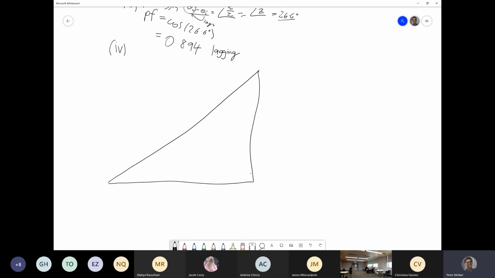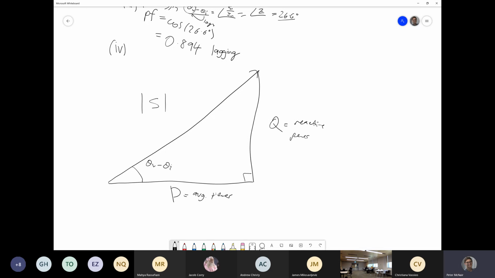The average power P. Perfect. This angle is theta V minus theta I. What's on the other side? Q. Okay, what's the name for Q? Yep, wonderful. Q is reactive power.